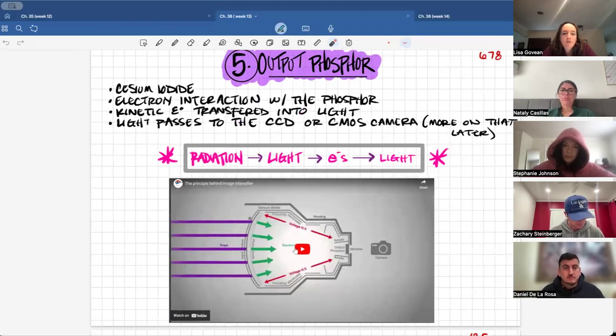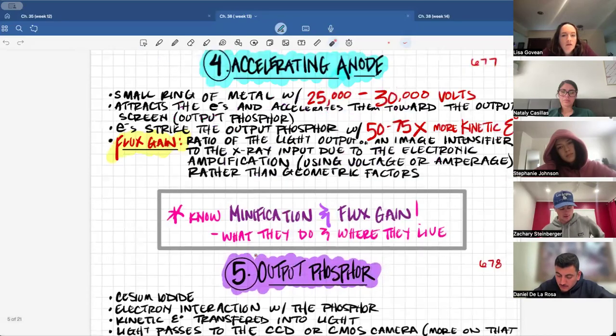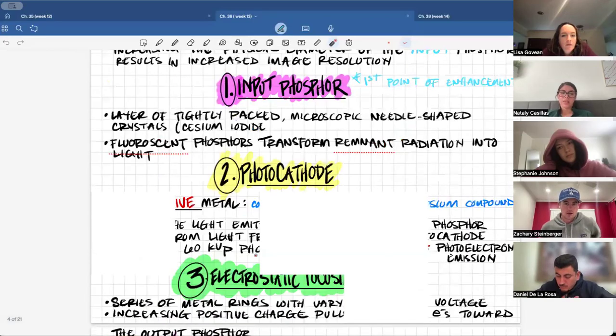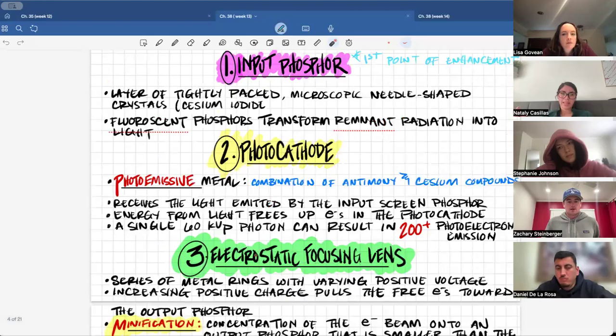The radiation, our X-rays, hit the input phosphor and are converted to invisible light. So it's radiation to invisible light, and then at the end it makes visible light, which is what we see on the monitor.